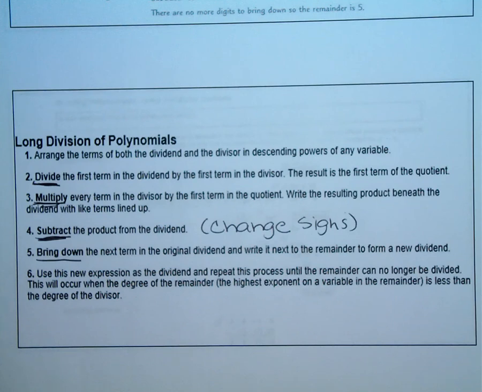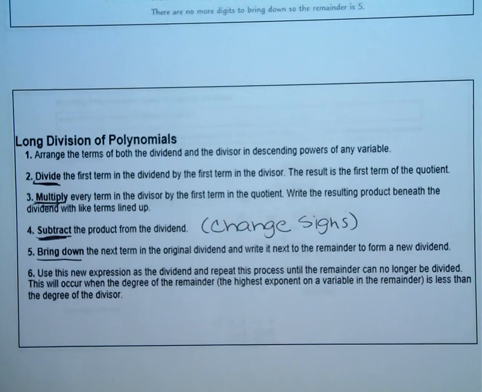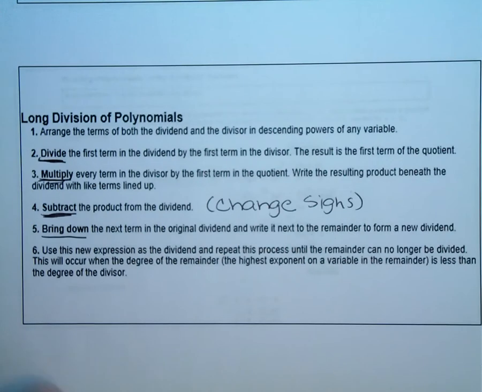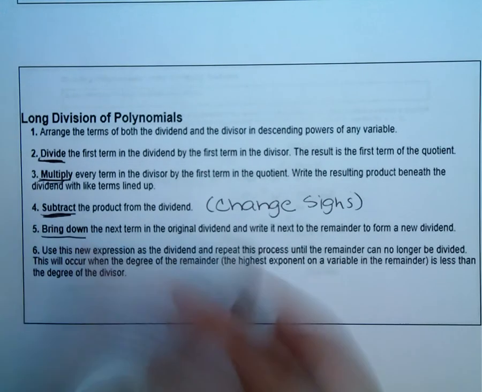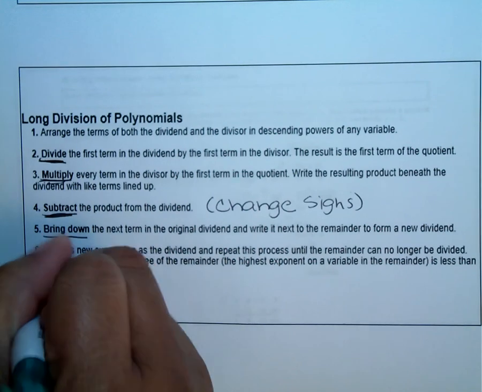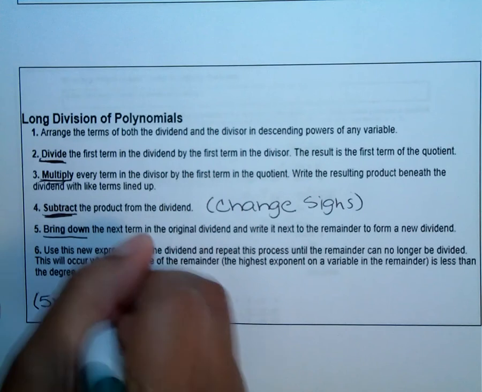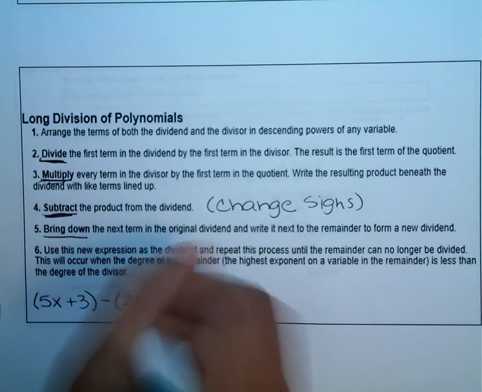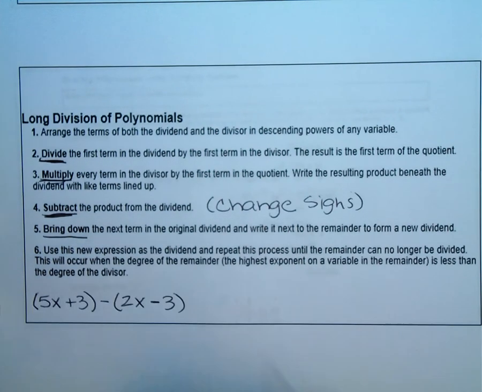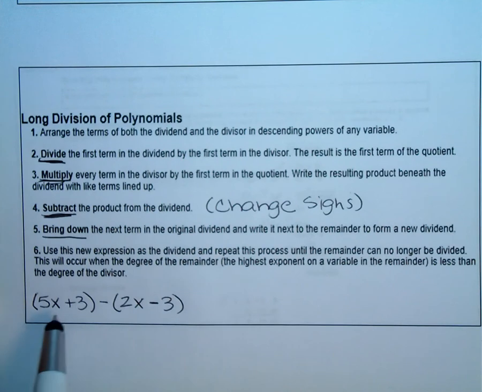Okay, so when it says subtract the product from the dividend, you have to remember, a long time ago, or in a couple of sections back, we had something similar to this. And so we had to subtract these two things.